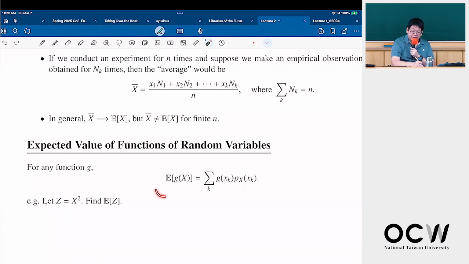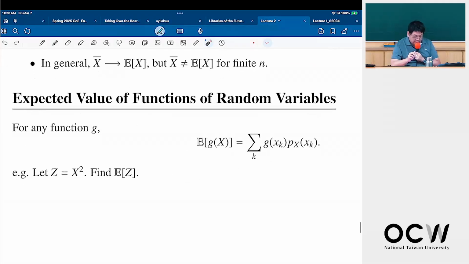But remember that when we find the expectation, we need the corresponding values and the weightings, and that weighting is the PMF. So if it is hard to find this PMF, then the other way, you can find the PMF of x, and z is a function of x.